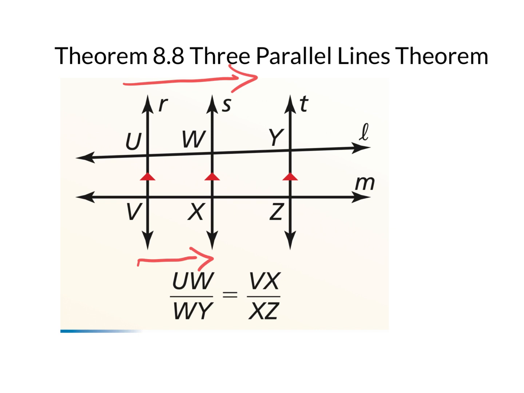And then you see it's VX over XZ. And if you notice, the top of these ratios, you see how they're in the corresponding parts, or the same part on each line? Like the top was on this left side of this line, this VX was on the left side of that line, right? Okay.